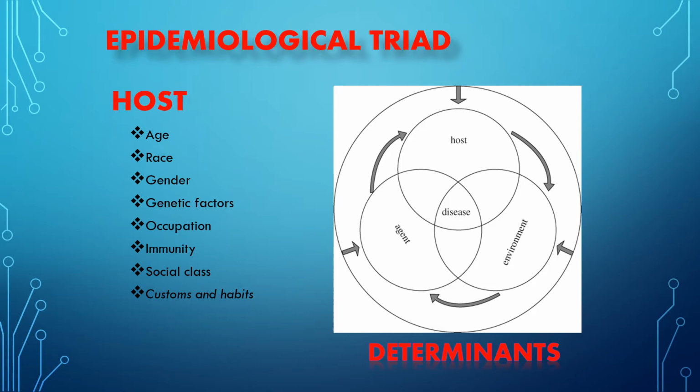Social class, of course, the lower social class have habits that cause them to have a higher chance of oral cancer. Then customs and habits also give people a higher chance of having oral cancer.